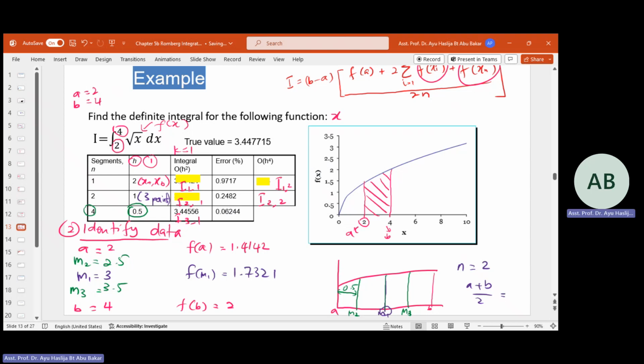So what is your f(M2)? 1.5811. f(M3), 1.8708, right?